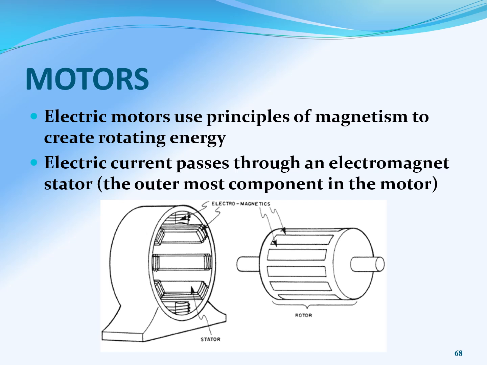So when electricity reaches that motor and it's energized, the motor operates on a principle of magnetism. That's what's going to create this rotating energy. What you have here is a three-phase motor.